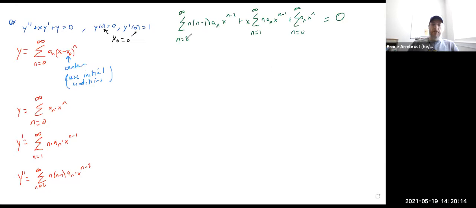When n is equal to 2, I get 2 times 1, so 2 a sub 2 times x to the 0. The next piece, when n is 3, 3 times 2 is 6, a sub 3, x to the first. The next one, when n is 4, 4 times 3 is 12, a sub 4, x squared, plus dot, dot, dot.